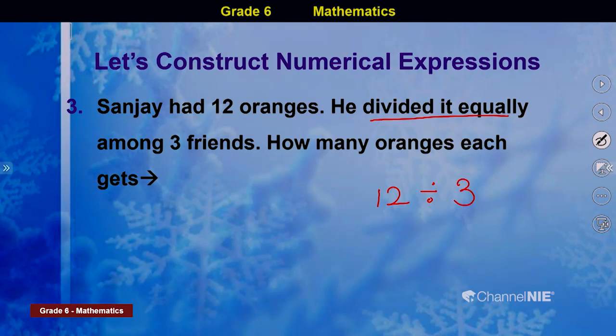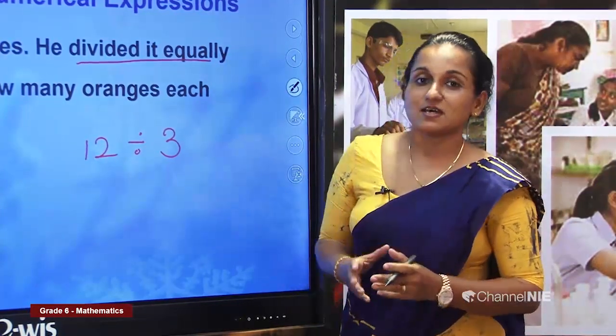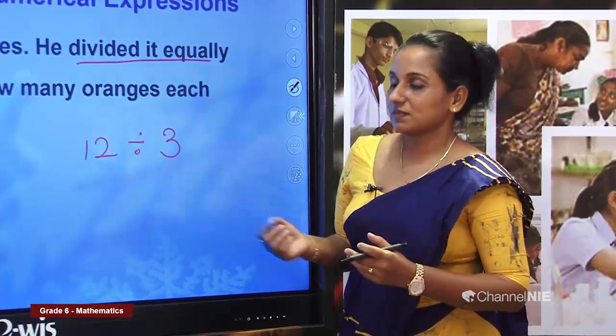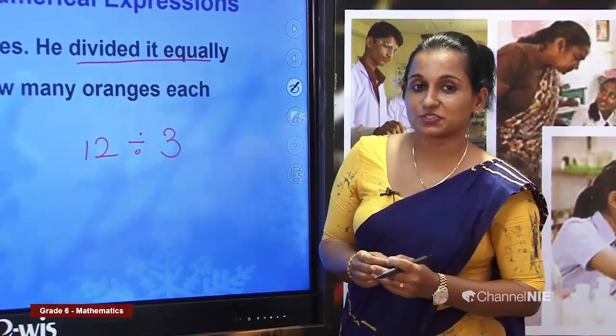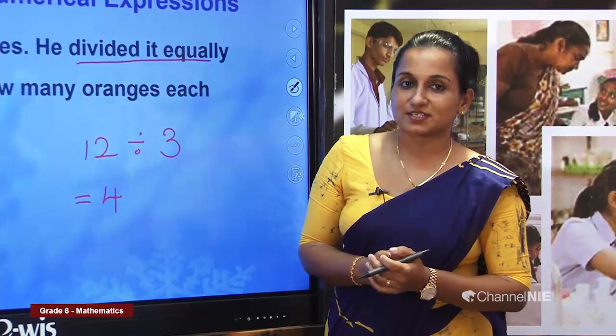Now this is a numerical expression. It contains numbers and also a mathematical operation. We can simplify this numerical expression further. When we divide 12 by 3, the answer is 4. Then each got 4 oranges.